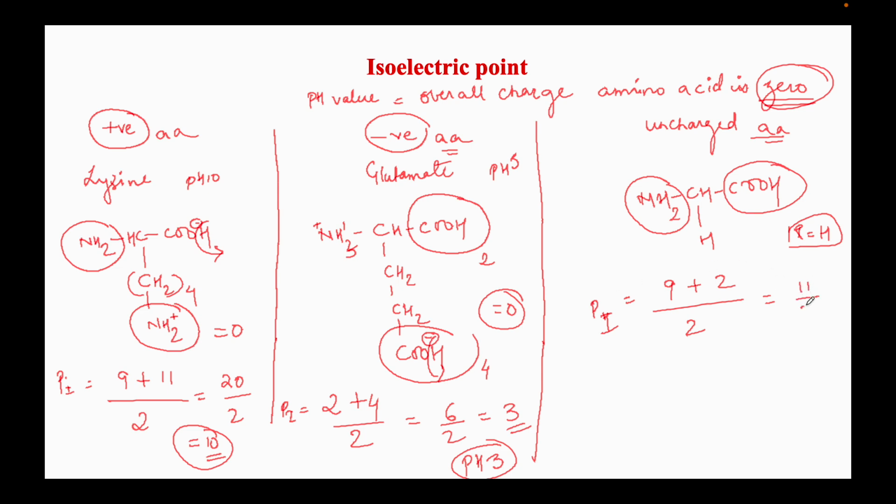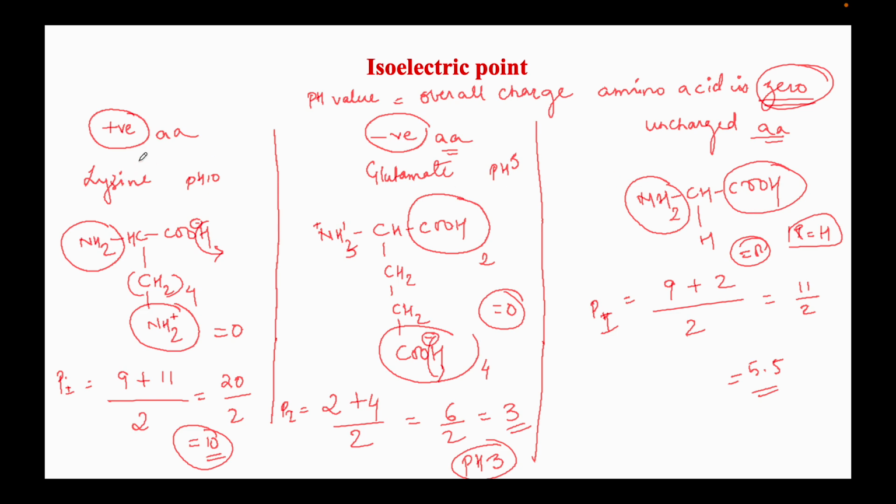So this will be 11 by 2. So approximately we'll have 5.5. So at pH 5.5, the overall charge of the glycine is 0. Right, the overall charge on the glycine will be 0. Okay, very simple.